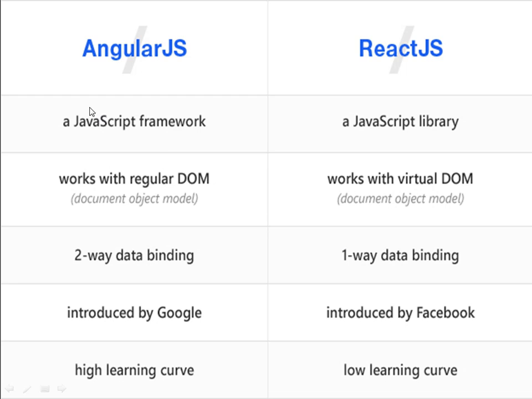This is the history basically. It was released by Google, and this one by Facebook, but there are some differences between both of them. We will be discussing these differences, because they are going to give us an idea about which technology is better in what sense.